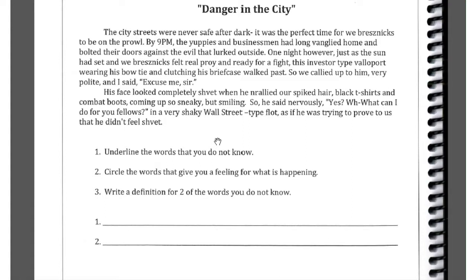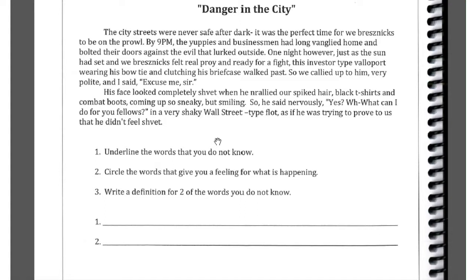So we called up to him, very polite, and I said, "Excuse me, sir." His face looked completely schwet when he railed our spiked hair, black t-shirts, and combat boots, coming up so sneaky but smiling. So he said nervously, "Yes, what can I do for you fellows?" in a very shaky Wall Street type flaunt, as if he was trying to prove to us that he didn't feel schwit.